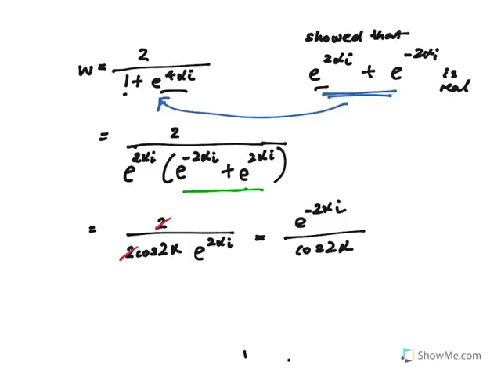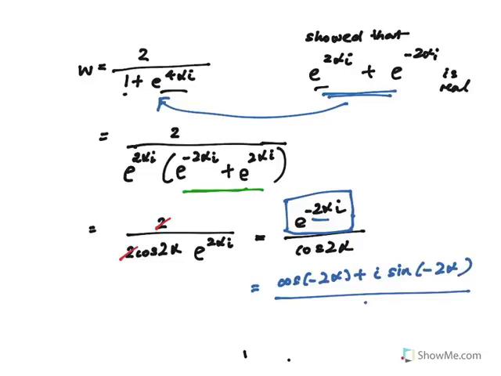Now I can change this into the polar form. I'll write it as cosine negative 2 alpha, because here the argument is negative 2 alpha, plus i sine negative 2 alpha, over cos 2 alpha.